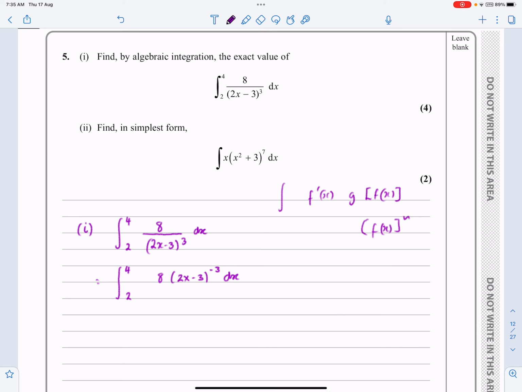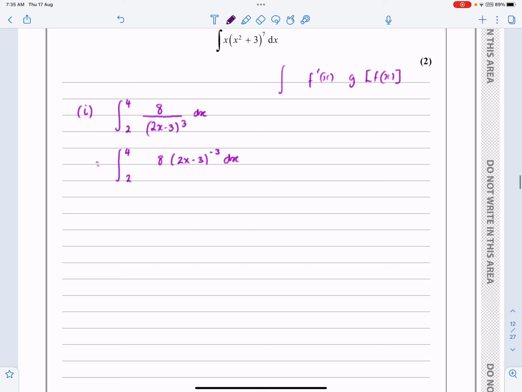So as soon as we recognize it as being this type, which it is, we say, right, if that's what I've got, I'm going to guess what I started out with as my function, that when I differentiated it, ended up looking like that. Now, the only way to end up with minus 3 after differentiating is to start with minus 2. So I know this is the right method.